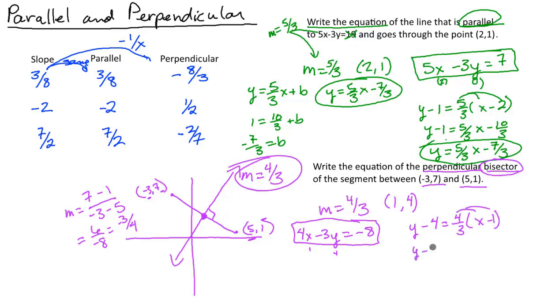We get y minus 4 equals 4/3 x minus 4/3, and then add 4 to both sides. y equals 4/3 x minus 4/3 plus 12/3 would give us a positive 8/3. And you'll notice that is the same thing that you would get if you took this and solved for y. Subtracted 4x from both sides and then divided by a negative 3.